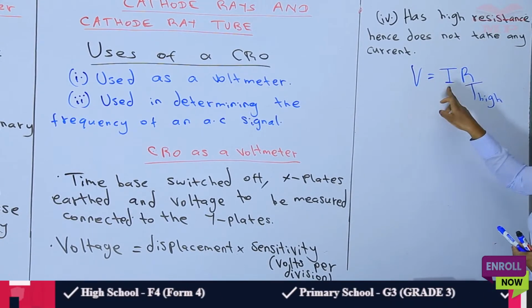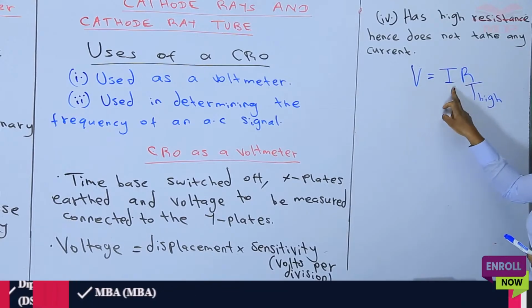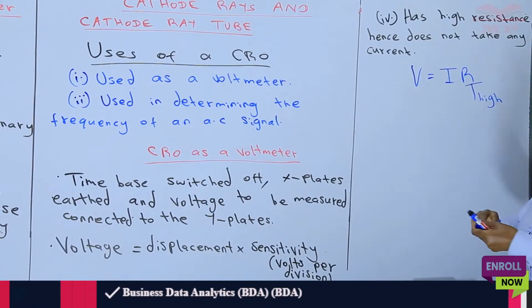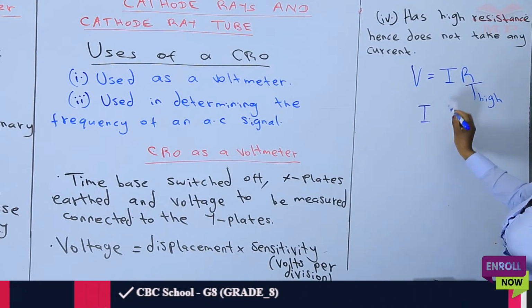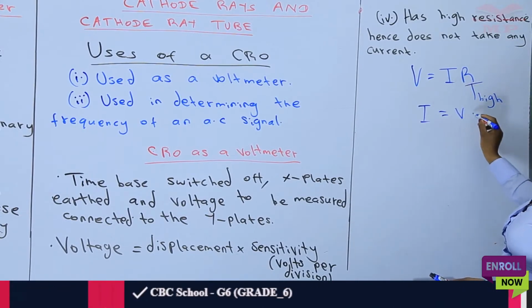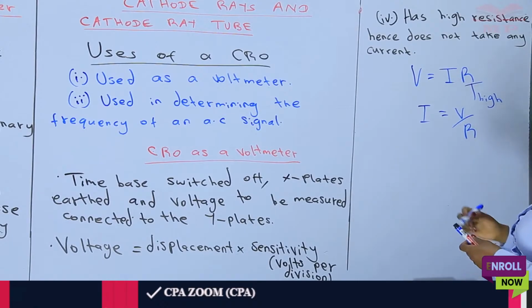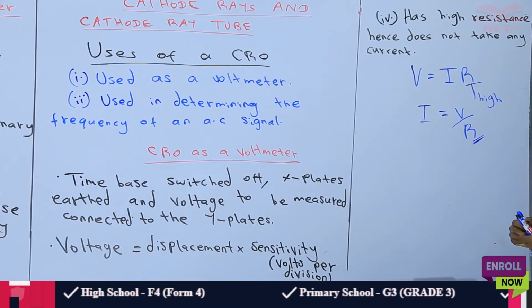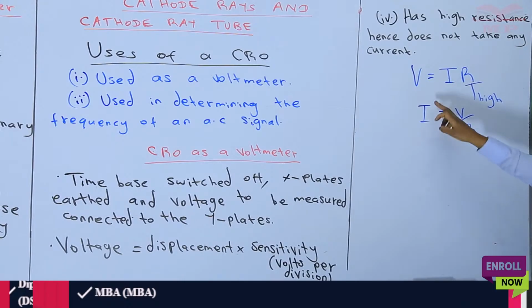The current will be equal to V over R, and when R is very high, it's not going to affect this current.